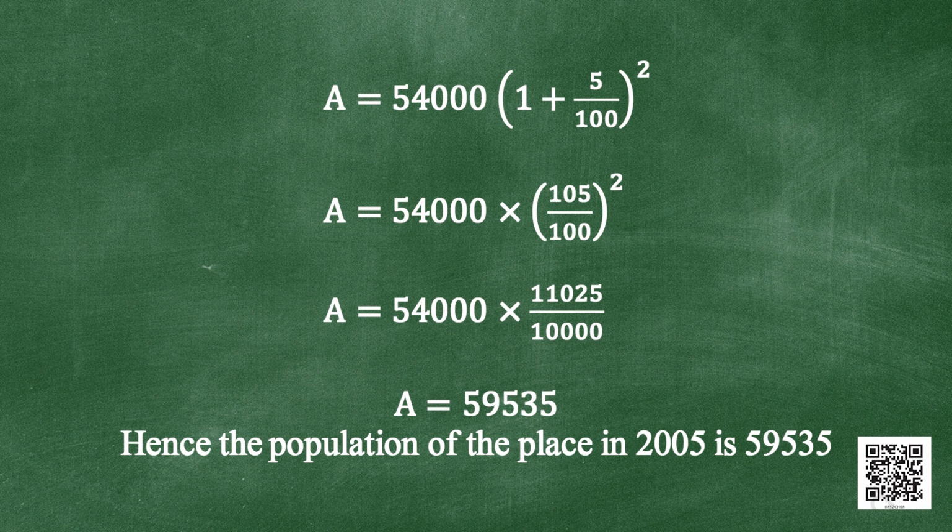So, that is equal to 54,000 multiplied with 105 square, which is 11,025, divided by 100 square, which is 10,000. So, upon simplifying these two terms we get 59,535.